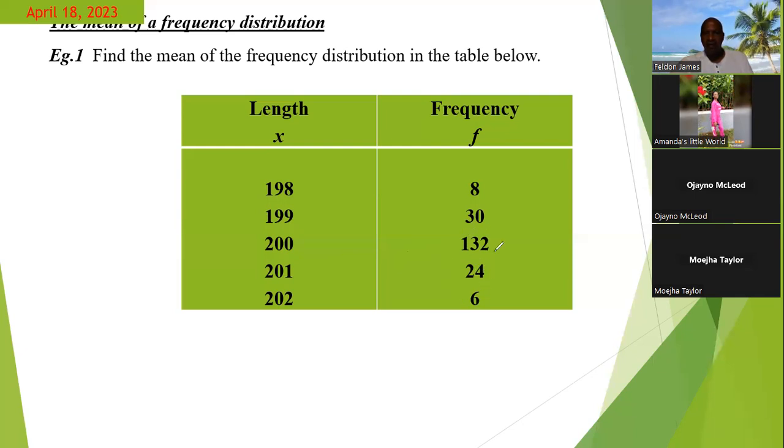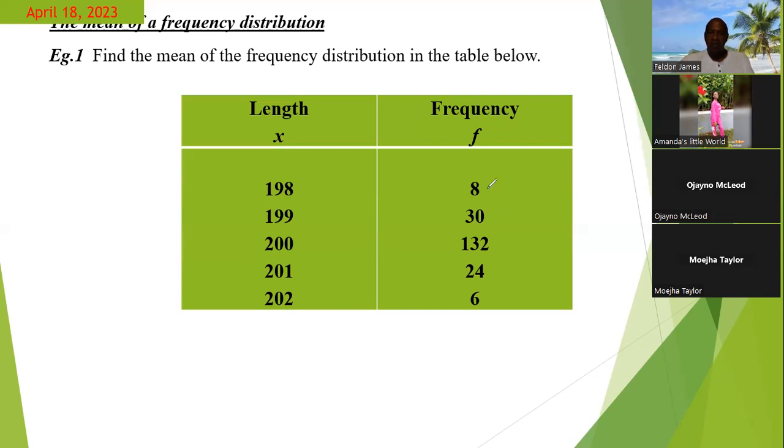And if we add the frequencies here, you would get 132 plus 8, that gives you 140, plus 7, that gives you, 140 plus 30, that's 170, plus 30 again, that's 200. So in other words, you actually have 200 values, right?